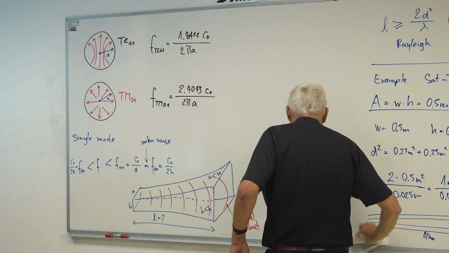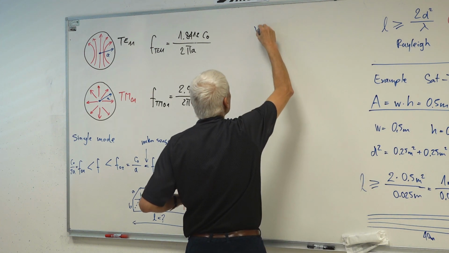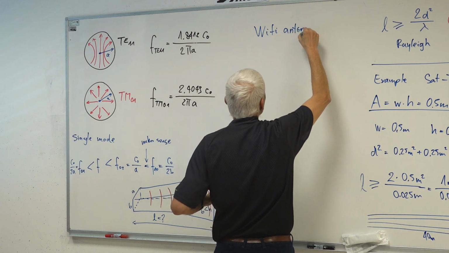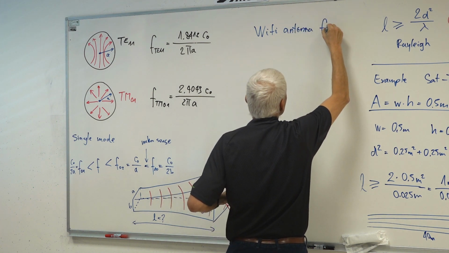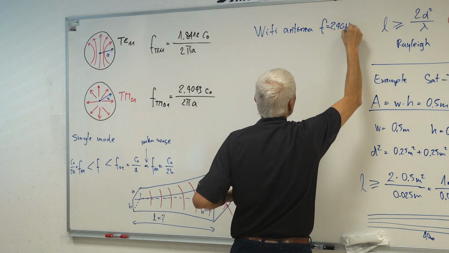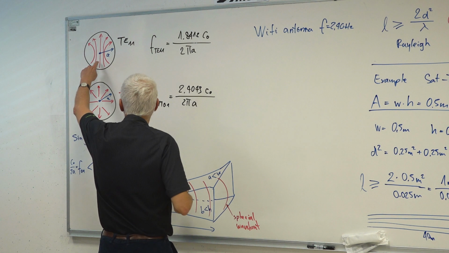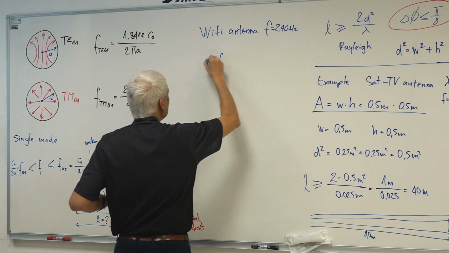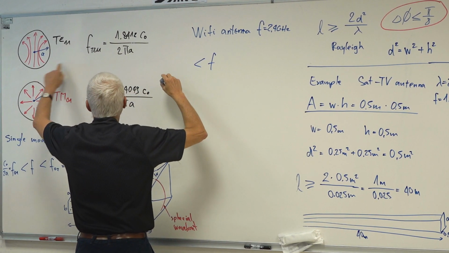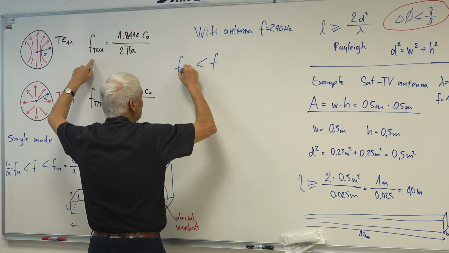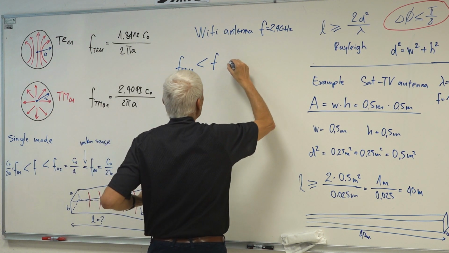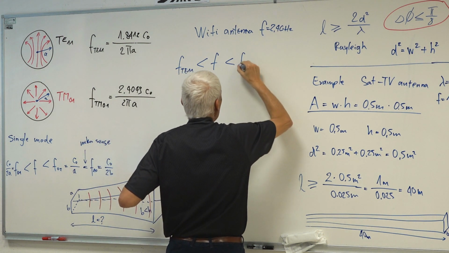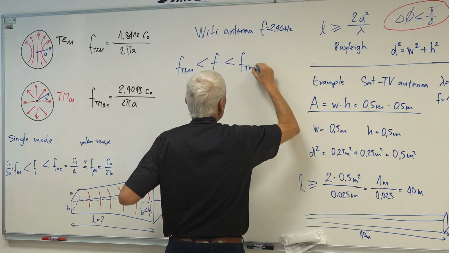So, if I want to build a Wi-Fi antenna for the frequency of 2.4 gigahertz, I should only excite this mode, and I should not excite this one here. Okay, so my frequency should be larger than the fundamental mode cutoff, FTE11, and smaller than the frequency of the next higher order mode, FTM01.